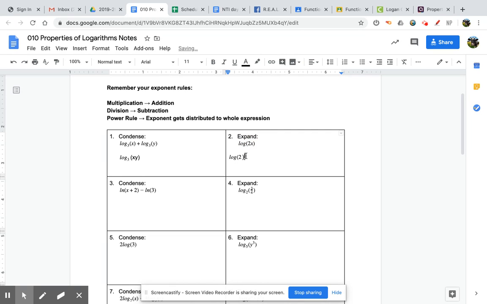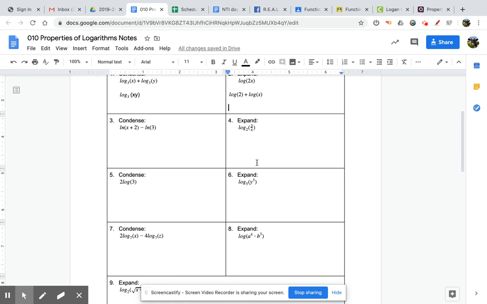I have log base 2 plus log of x. So log of 2 plus log of x. So anytime you see an addition symbol, the way you put things together is by multiplying. Anytime you see something that's already been multiplied, the way that you break that apart is with addition.